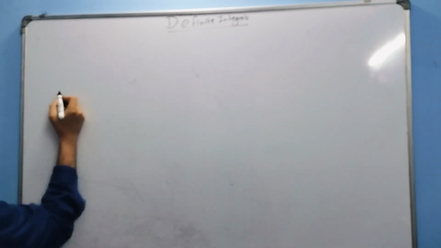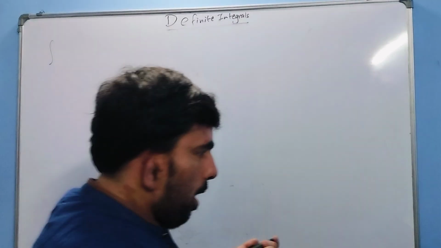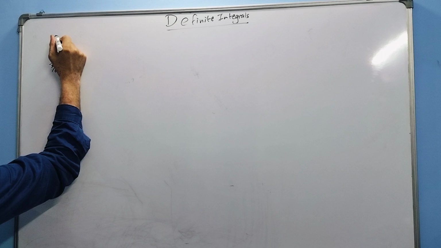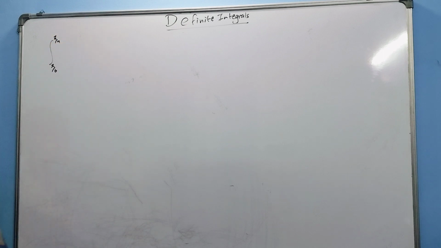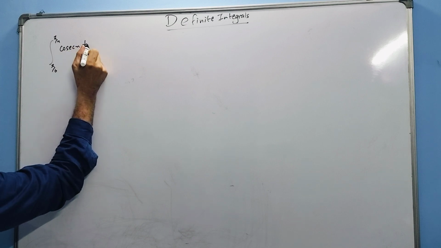So the limits they have given are pi by 6 to pi by 4, and we have cosec x dx.